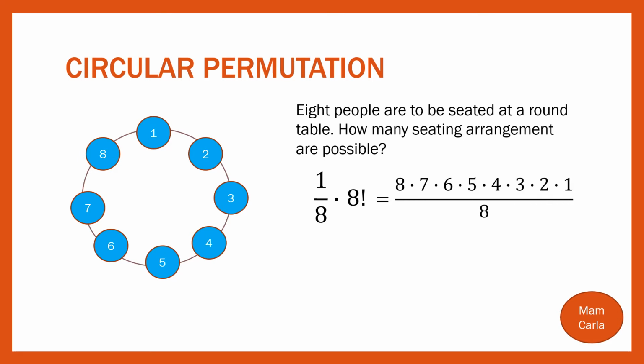So we have this equation. 8 factorial divided by 8 is obtained by canceling the common factor, which is 8. So we have now 7 times 6 times 5 times 4 times 3 times 2 times 1, or 7 factorial, or the factorial of the quantity 8 minus 1.